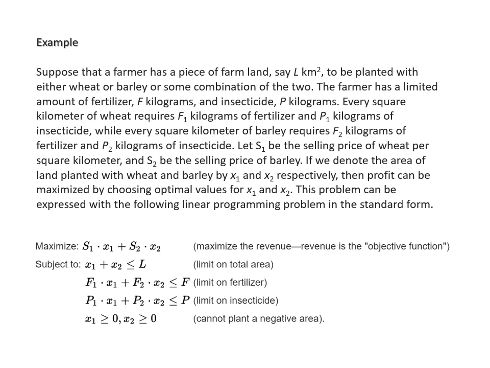So our decision variables in this case are X1 and X2, and those are the area in square kilometers that are going to be planted with wheat and barley. So we could conceivably have each one take the value 0, right? So we could plant all wheat, and then the value of x2 would be 0.